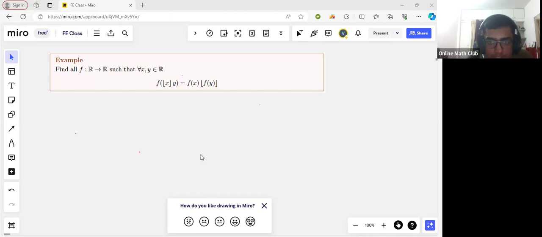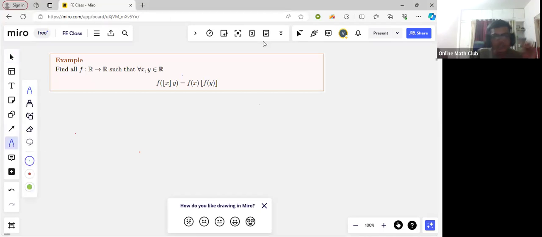Right. So one thing we can do is substitute x equal to 0. In general in functional equations, it's always a good idea to try x equal to 0 or y equal to 0 or both. Trying these values helps because some expressions get simplified.